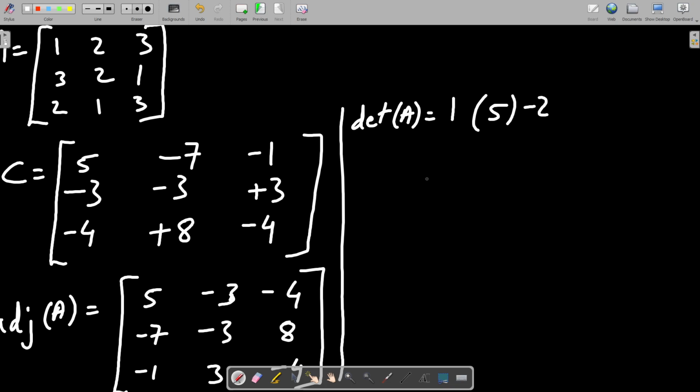You all didn't get what I did here. See, what is the determinant when you are calculating? You do 1 into the determinant of this submatrix here. But this was already the minor which you calculated here. Same with this number, it is also a minor, and this number is also a minor. Always it's like that. So after you calculate the minors, there is no difficulty in calculating the determinant.